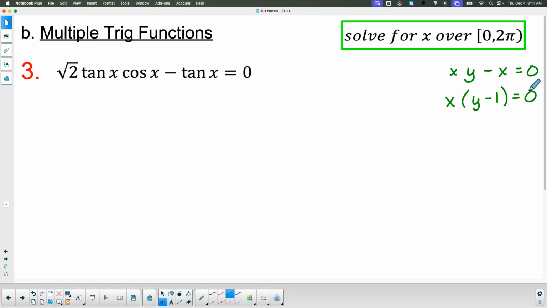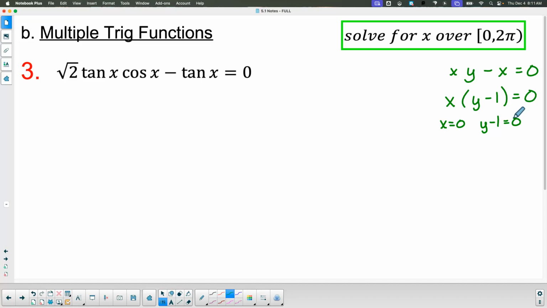What would your next step be in algebra there? We'd set each of those factors equal to 0, right? So then we would say here, x equals 0 and y minus 1 equals 0, and then we can solve from there. With me? Okay?